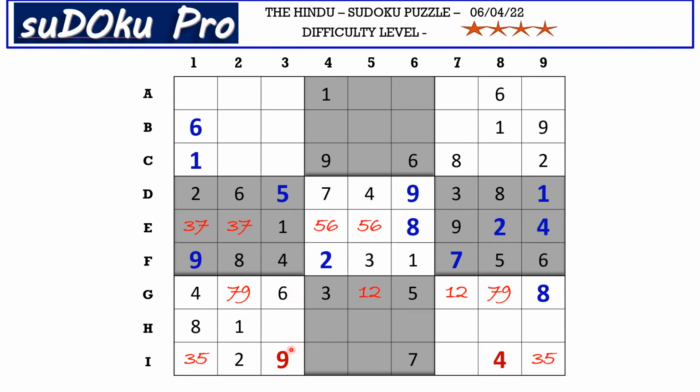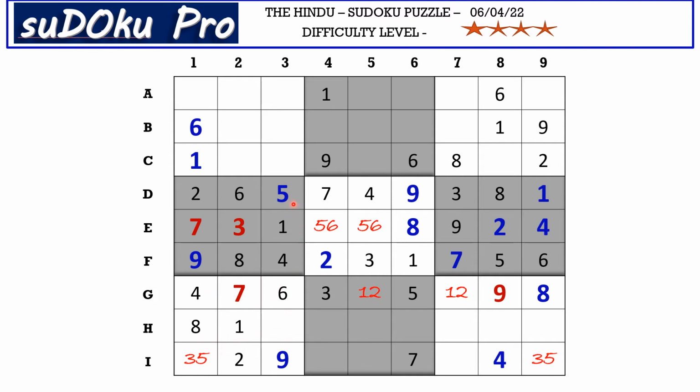Now this 9 cancels out the 9 here, and G2 is 7 now, and G8 is 9. This 7 cancels out the 7 here, so E2 is 3 and E1 is 7. So in this 7th block, the missing numbers are only 3 and 5.